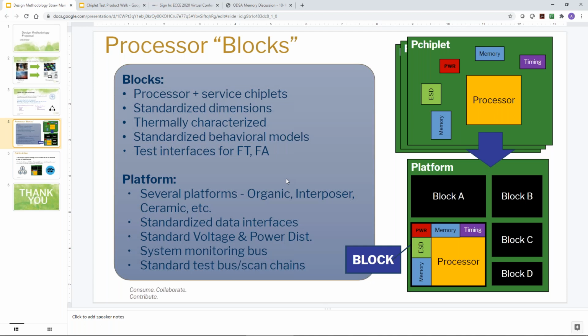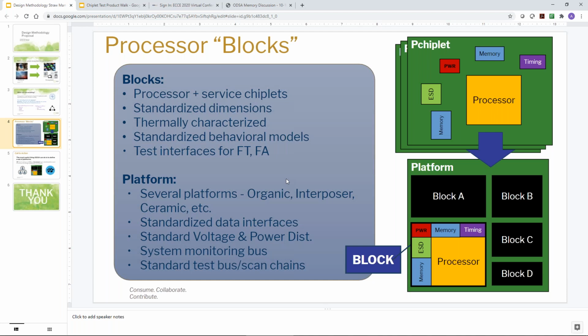I think we are going to the next level after that by talking about a block, because a block is already a collection of chiplets in a single package. And then a platform is even one level above that, which would be a collection of systems in package. Block A, Block B, Block C, D, all of them are systems in package. So I think the lowest level would be the definition of chiplets which populate the marketplace. Is that how you are imagining, Ali?